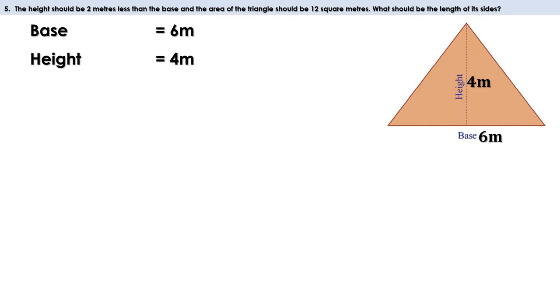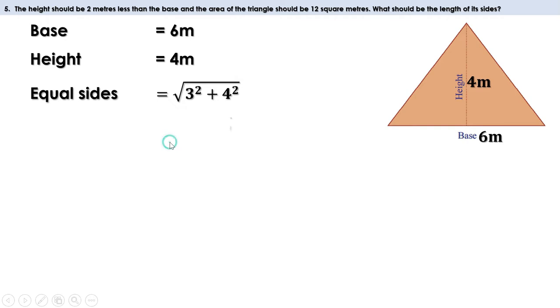We know hypotenuse square equal to base square plus altitude square, or hypotenuse equal to root of base square plus altitude square. This is 3 meters and this is 4 meters. Therefore, this side is equal to root of 3 square plus 4 square. 3 square is 9 and 4 square is 16.